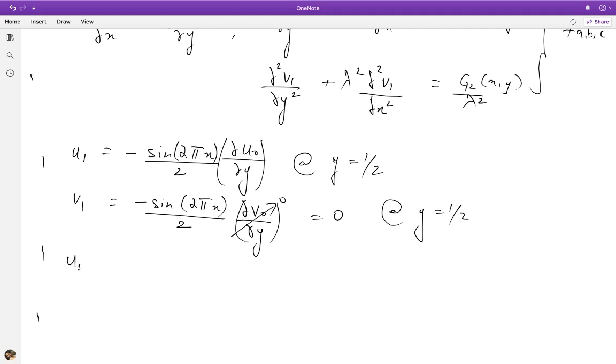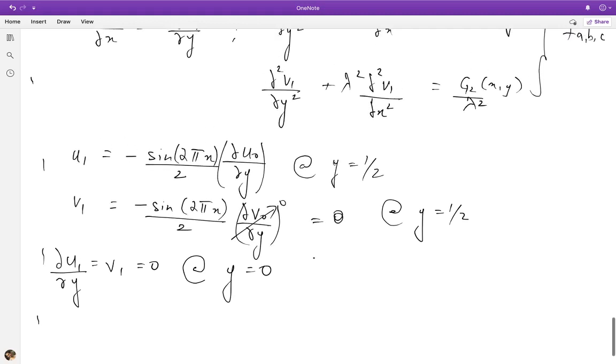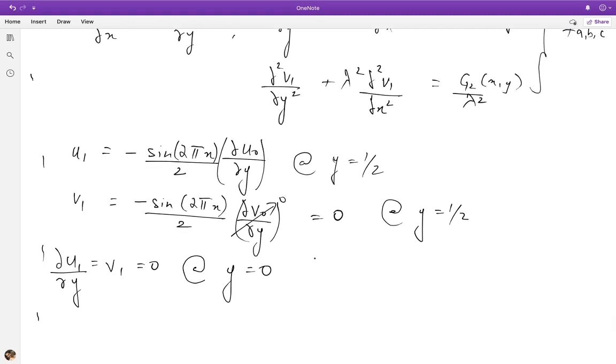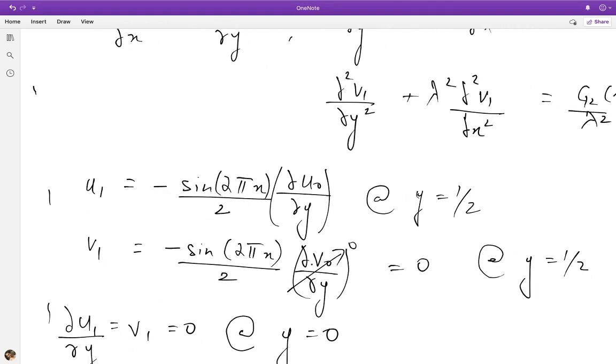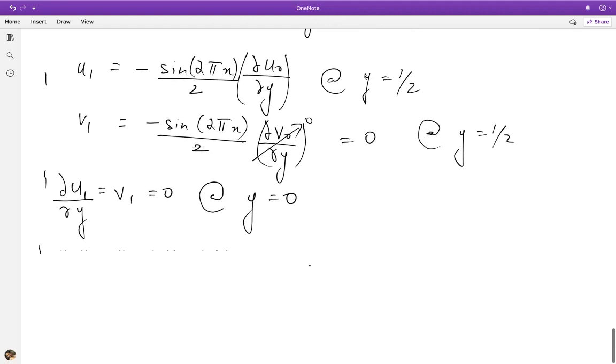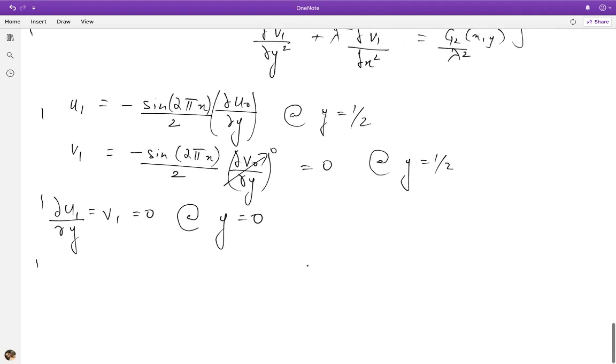And then of course you have both ∂u1/∂y equal to v1 equal to 0 at y equal to 0, because that symmetry boundary condition is unperturbed, which is one benefit of replacing the no-slip boundary condition at the bottom wall by this symmetry condition. But it's a purely calculational, algebraic benefit for ease of calculation. It doesn't really change anything in the problem, as I had mentioned earlier.